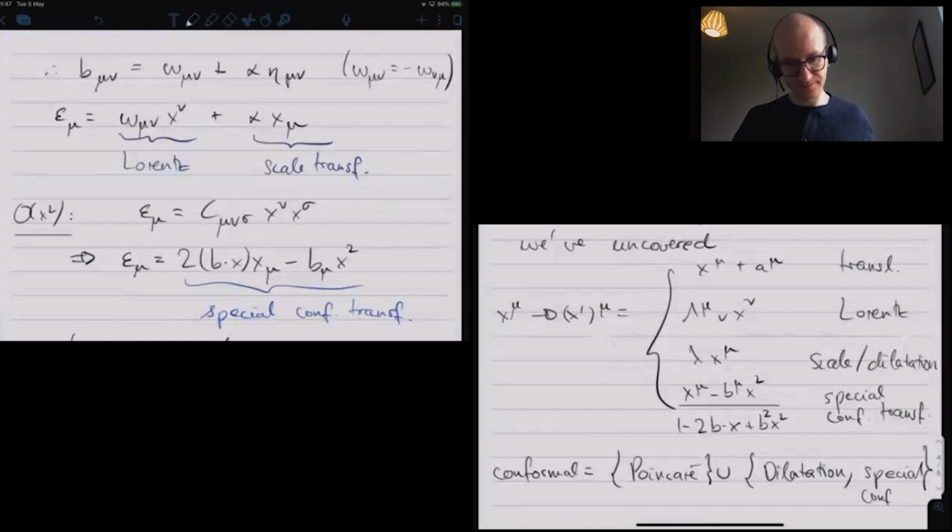Okay, so let me see what I'm going to do now. So I have about 15 minutes left. Okay, let me give you just some intuition about this special conformal transformation.